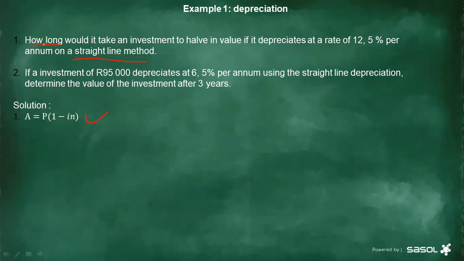Now, because you say how long, meaning we want to know how many years. Remember, when you talk about depreciation, the amount of money that we are having now is going to be more than the amount of money in the future.